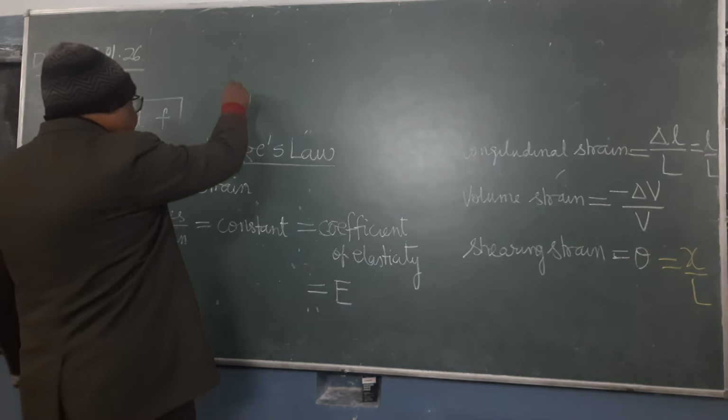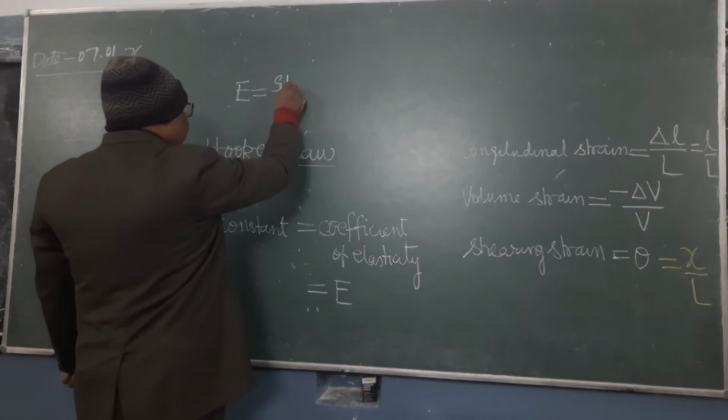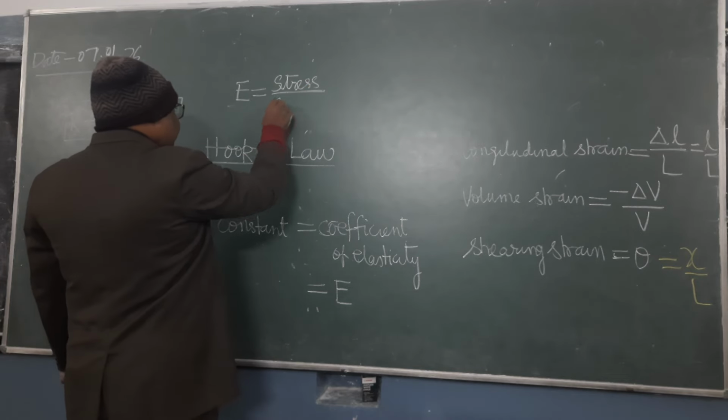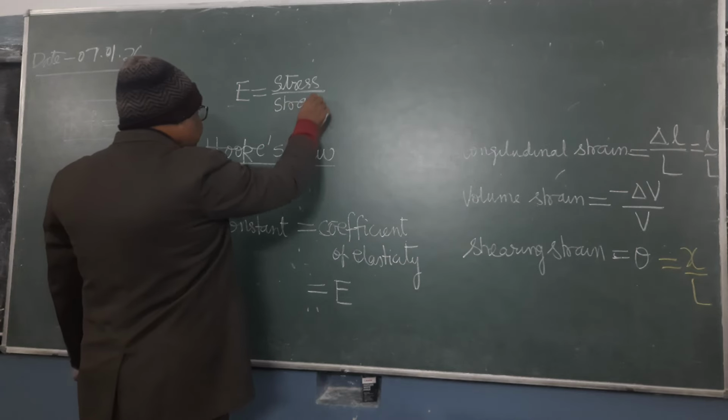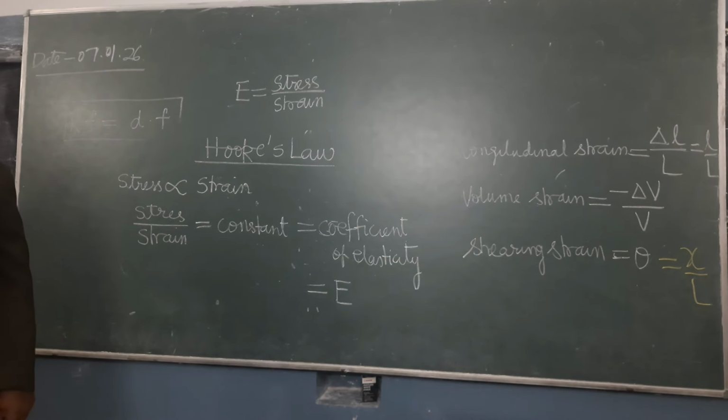Now all of you see here. E equals stress upon strain. Now we will see what will be the unit of stress. The formula of stress is F upon A, force upon area. What is the unit of force?